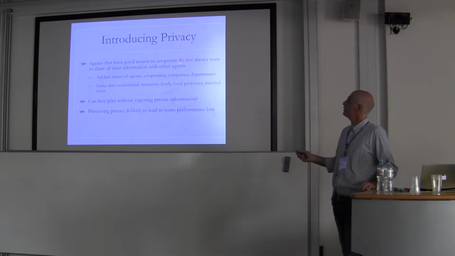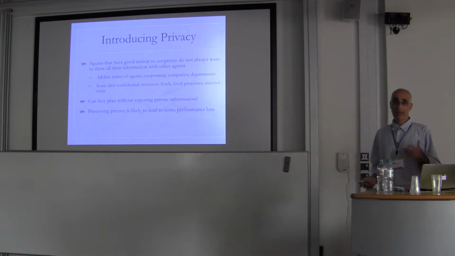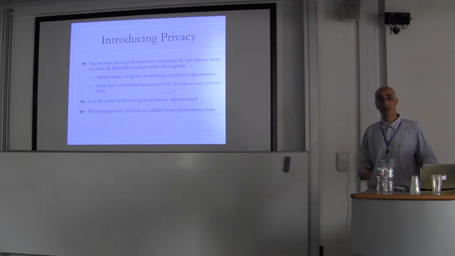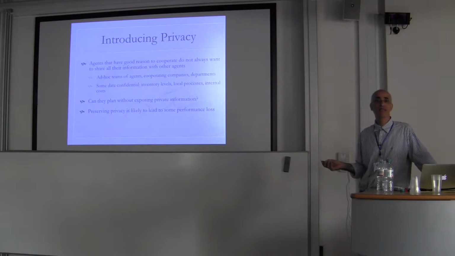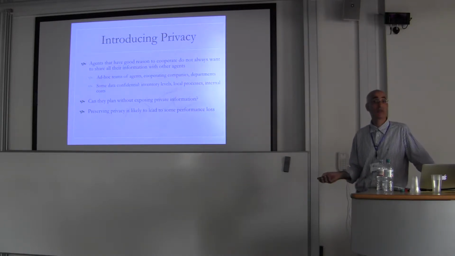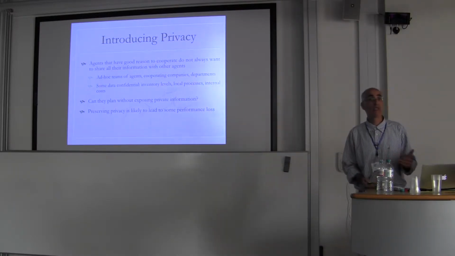So first of all, we have to somehow formalize privacy, and then we have to try to see if we can preserve privacy in some way. And we would expect that when we add this additional requirement for preserving privacy, then we're probably going to get some performance loss. It probably will come at some cost.